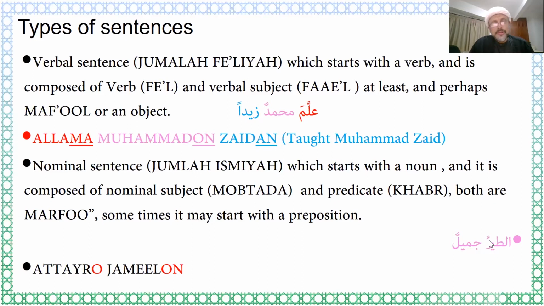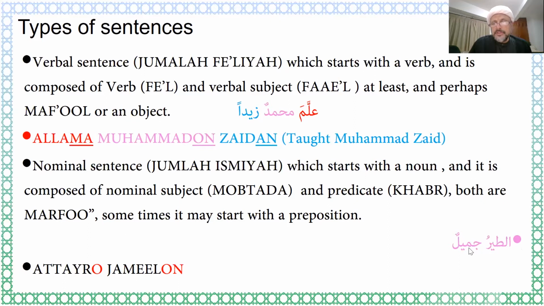At-tayru, and it's pink, so it has to be marfu'. We agreed yesterday that we are going to consider marfu' nouns pink. So both of these are marfu' nouns. This is the subject, which is marfu' with the dhamma. And this is the predicate, which is marfu' with the dhamma. Subject, predicate, nominal sentence, starts with a noun. At-tayr is a noun.